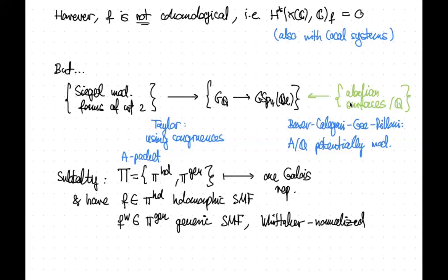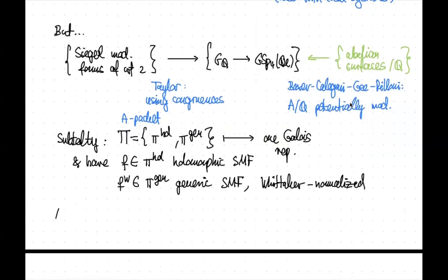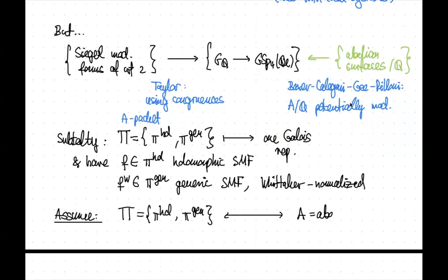On the other hand, the holomorphic one is not generic, so you can't actually use the Whittaker normalization. The representation theory of GSp4 is a little bit harder than the representation theory of GL2 above. But let's assume in any case, once again, that we have this abelian surface. So we have the set of two different representations, pi_hol and pi_gen, which corresponds altogether to this A, which is an abelian surface over Q.